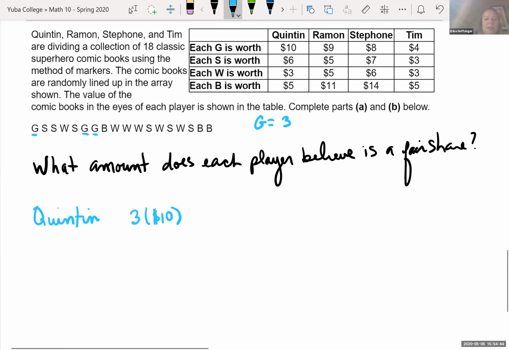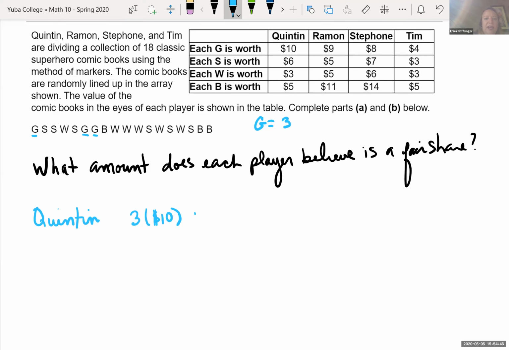And so let's add. Now let's go to the worth of S. He believes that's worth $6. Let's look at how many S's there are. We have 1, 2, 3, 4, 5, 6. So there are 6 comic books that start with S, and he believes those are worth $6 each.